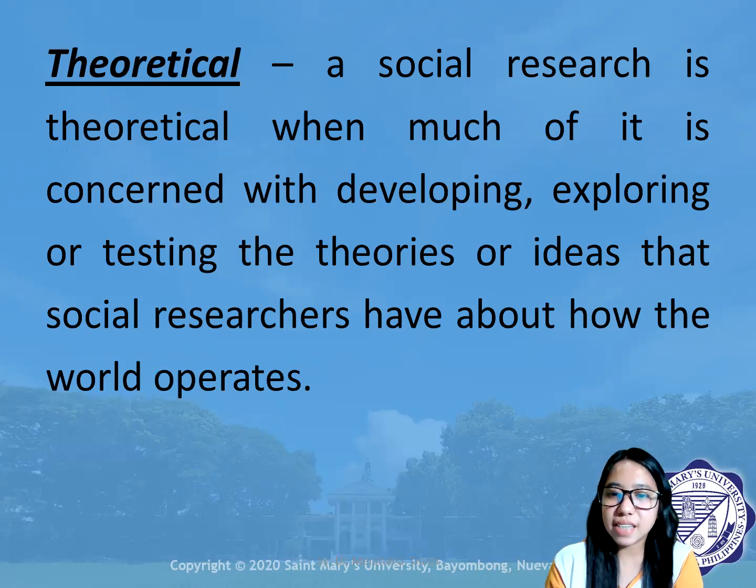First, scientific researches or social sciences researches are theoretical. So social research is theoretical when much of it is concerned with developing, exploring, or testing the theories or ideas that social researchers have about how the world operates. So in a research paper, we have a portion wherein we state the theoretical framework of the study.